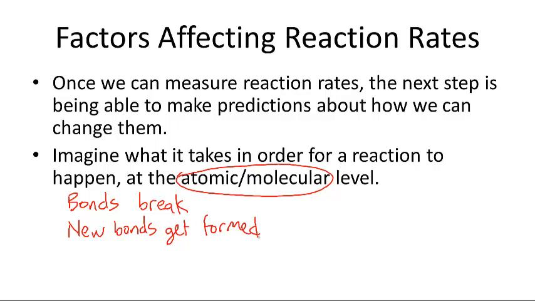So how does that actually happen? All right, the two things that are reacting have to be close to each other. They actually have to collide. So for a reaction to happen, we need the reactant particles to collide.